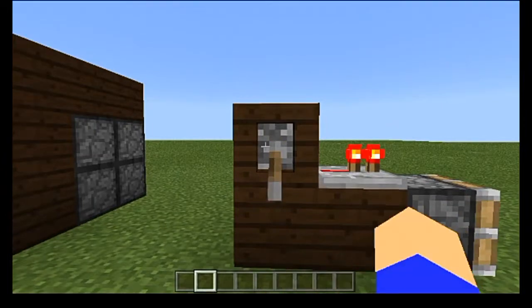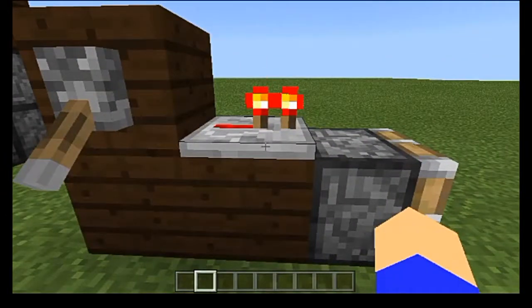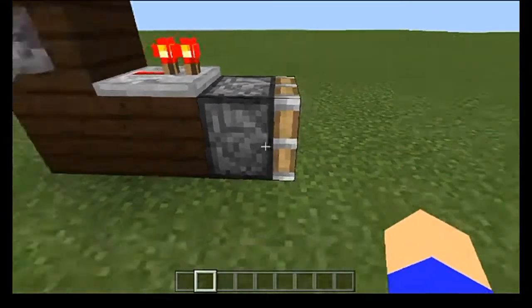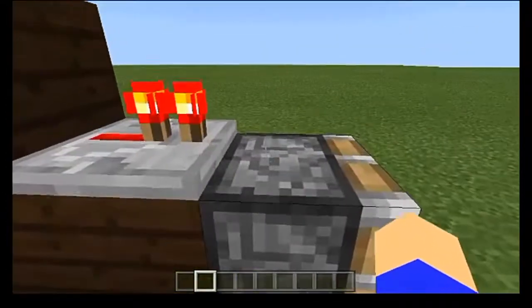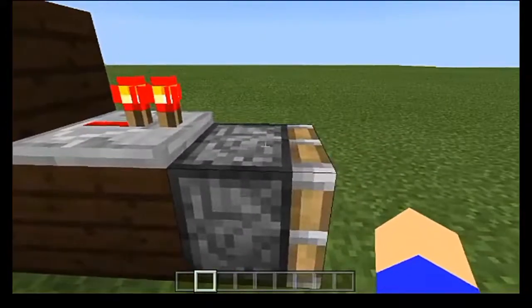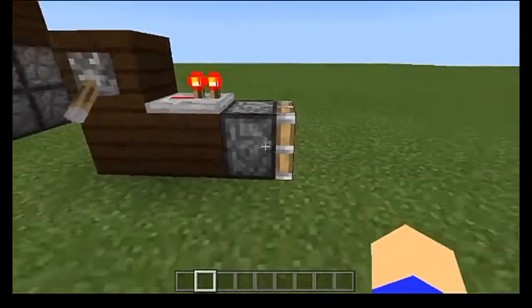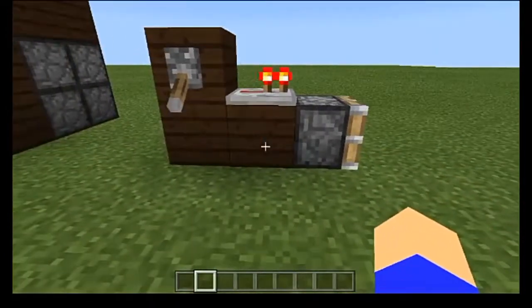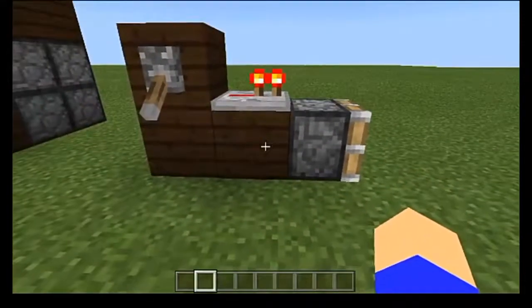So if we go ahead and turn on this lever, what would happen in Java Edition would in fact power this piston, because for whatever reason the air block above the piston would actually somewhat act like a solid block, which would then end up powering the piston.